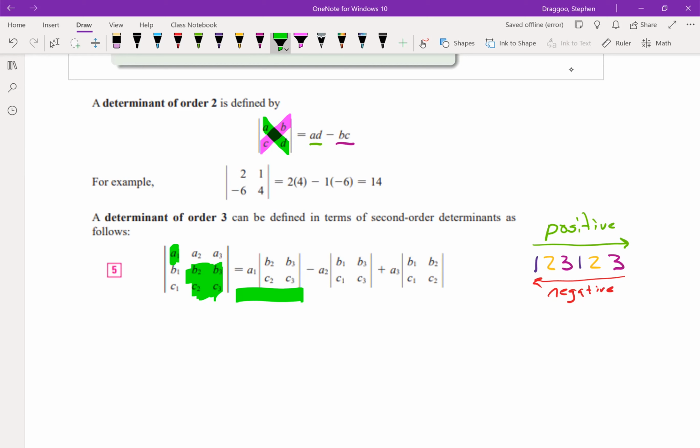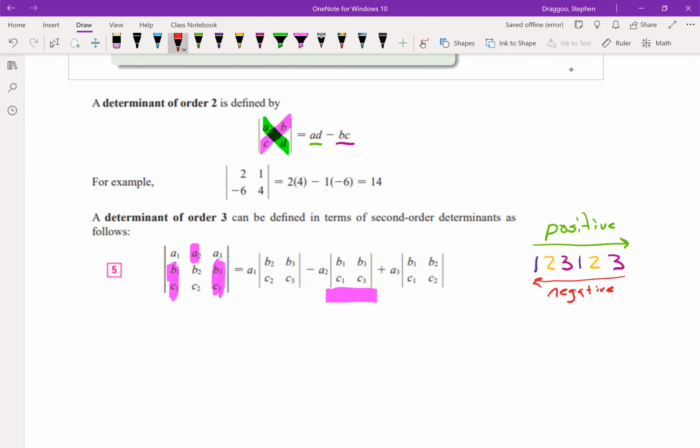And so when we're going to look at the determinant in each of these three pieces, we're going to be looking at just the pieces that are not in its row or column. If we do the same thing, but for the middle term, we're going to take A2, and then that multiplies into everything that's not in its row or column, which ends up being B1, B3, and C1, C3.